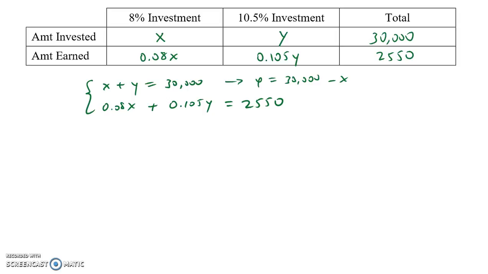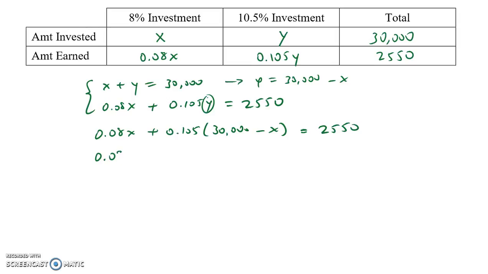So if we replace y in the second equation now with 30,000 minus x, we can eliminate y and we get an equation in just the variable x, and we can then solve for x. We're just solving a linear equation in one variable. So rewriting the second equation but substituting for y, we would obtain 0.08x plus 0.105 times, in parentheses, 30,000 minus x. Then that's equal to 2550.